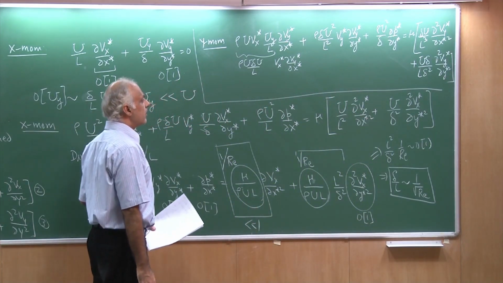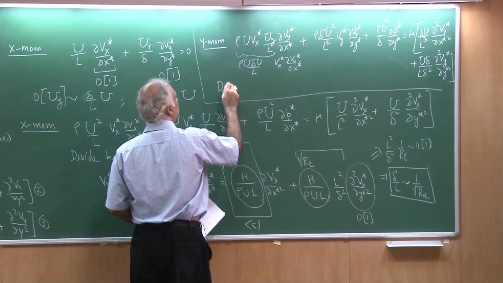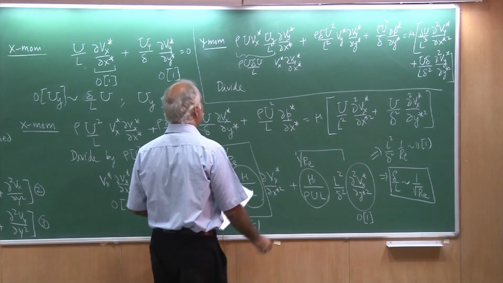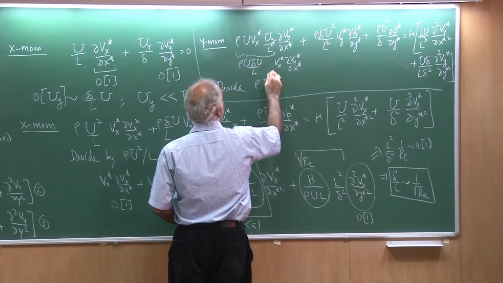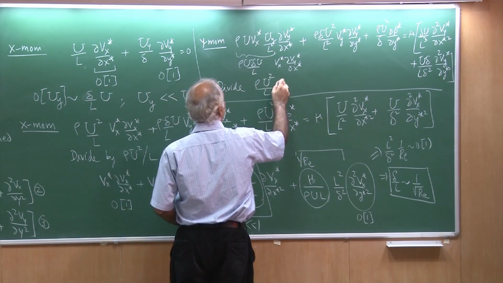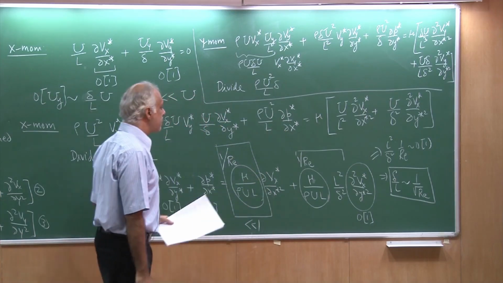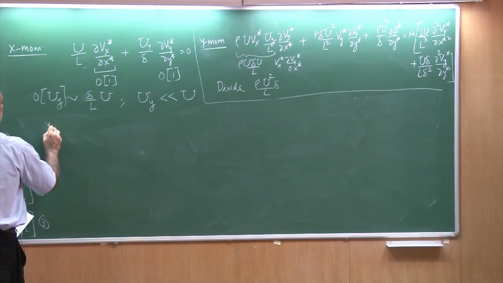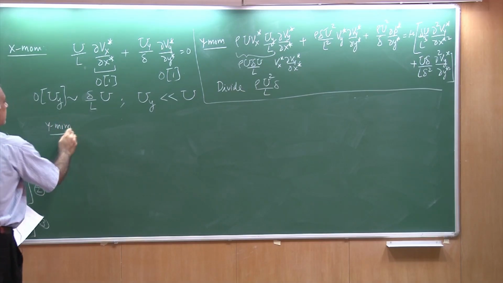For this equation, what I'll do is divide everywhere by this quantity, which is essentially rho u square by L times delta. So I am continuing on the y momentum equation.